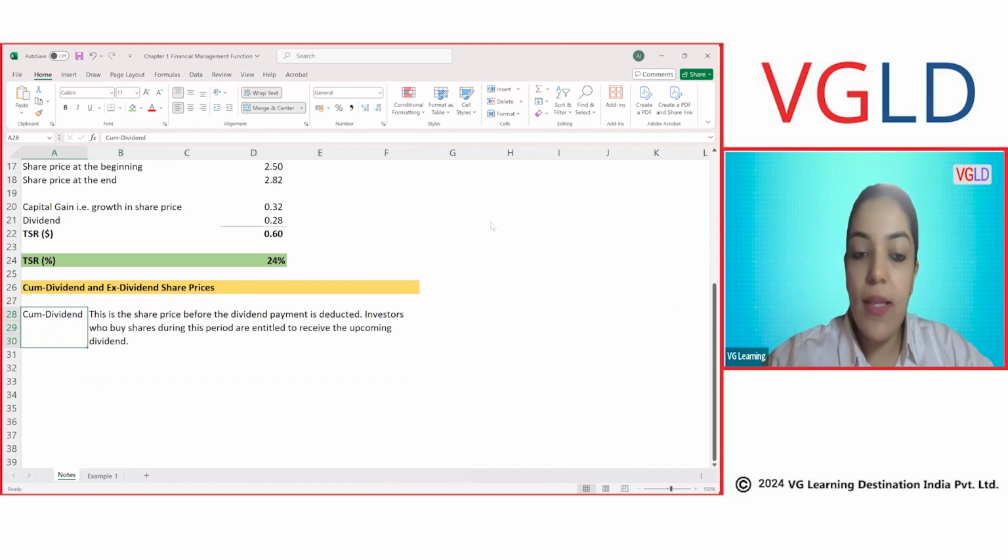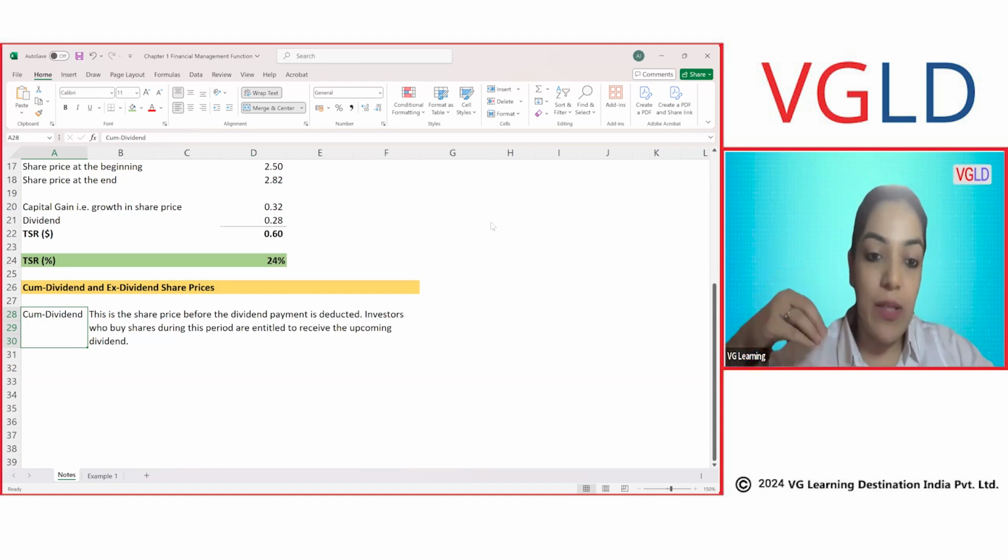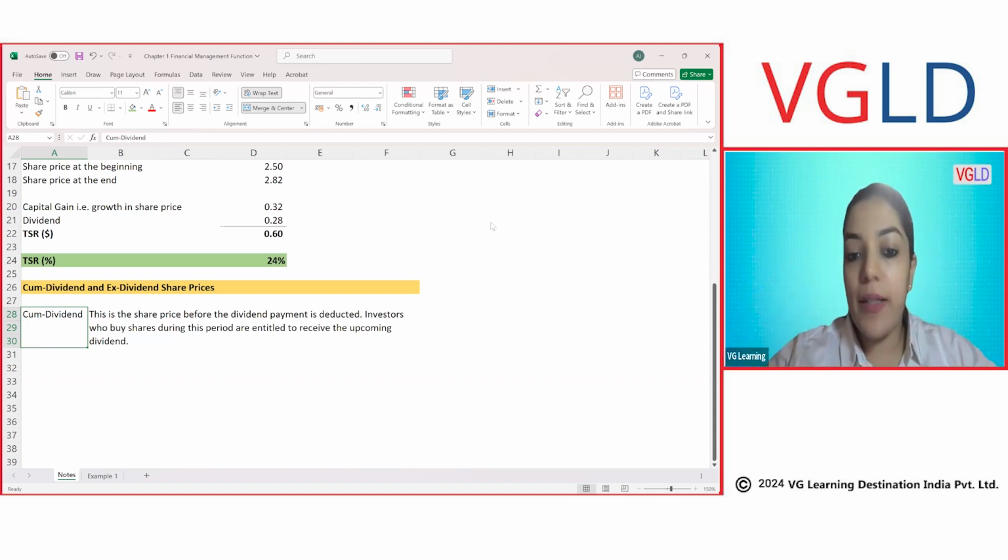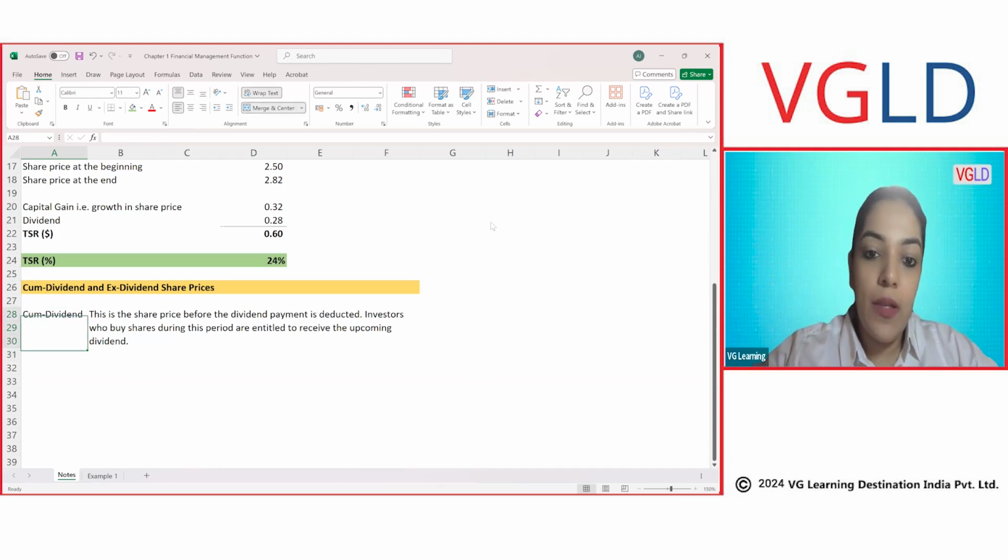Okay, so whenever a company announces dividend, the share price increases so that any person who is holding the share from before versus who wants to purchase the share now and get dividend, they are at parity. Okay, I'll explain it to you with examples.